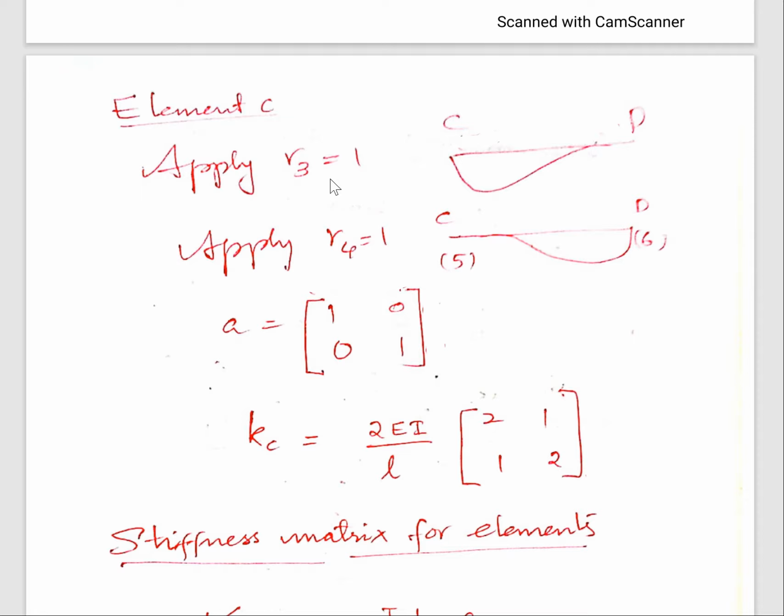When you apply R3 equal to 1, at C the coordinate is 1 and the second coordinate, at D, is 0. And when we apply R4 equal to 1, then the first coordinate is 0 and the second coordinate, at D, the rotation is 1. So this is our displacement transformation matrix, and the element stiffness matrix is again the same, 2EI by L, 2 1 1 2.